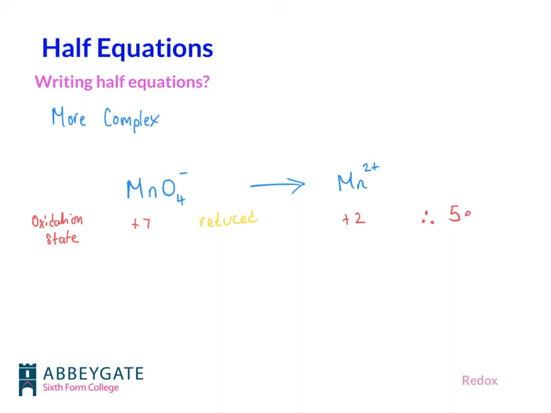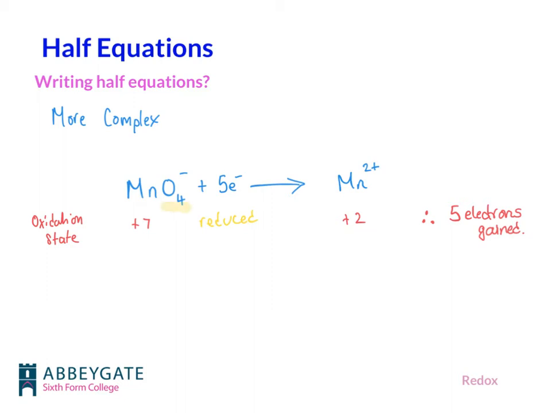So we can see that our oxidation state is reducing because we're going from +7 to +2, and therefore we're going to need 5 electrons to be gained in this reaction. So we can see it's reduction because our oxidation state has decreased, and we can see it's been reduced by 5, therefore it must be 5 electrons are gained.